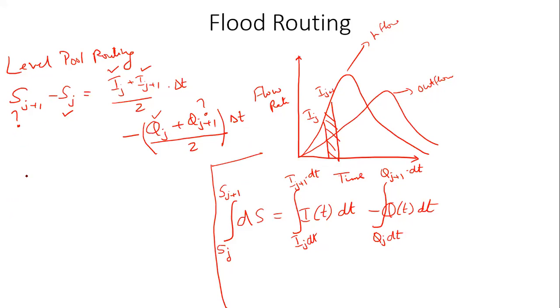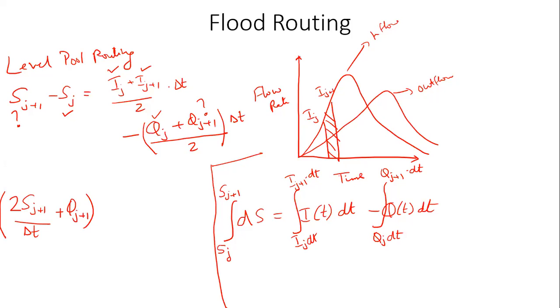So I'll have, if I want to take all the Sj plus 1 terms to the other side, we'll have 2 times Sj plus 1 divided by delta t plus Qj plus 1. Please make sure I'm not making any mistake with the algebra.